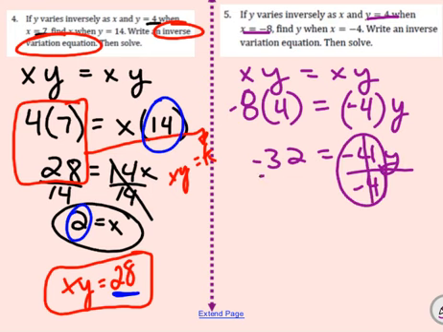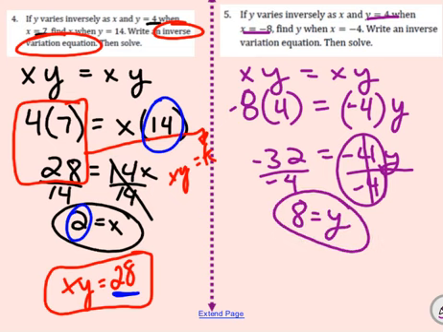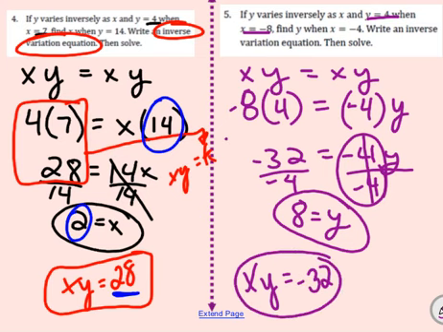This goes to 1. Divide by the negative 4. 8 equals y. Now, when we have that, the other thing we need is our inverse equation, and I'm thinking negative 32. Right? You got negative 8 times 4 right here where the star is.